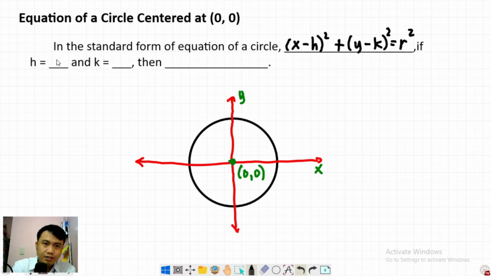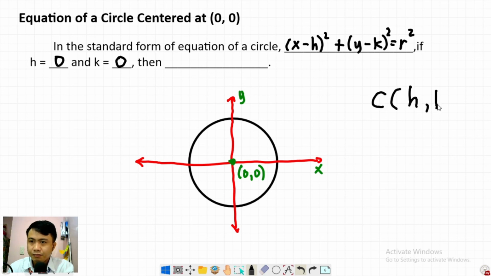If h is 0 and k is 0, then, saan ba galing yung h na yan? Galing po yun sa center. Ang ating center kasi, meron siyang x-coordinate and y-coordinate. Of course, kasi isa siyang point.